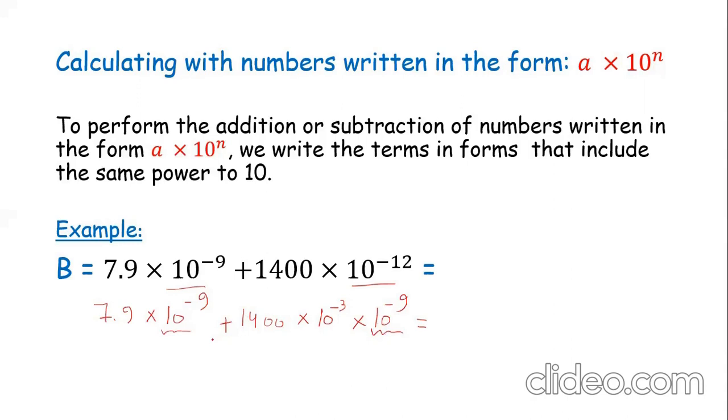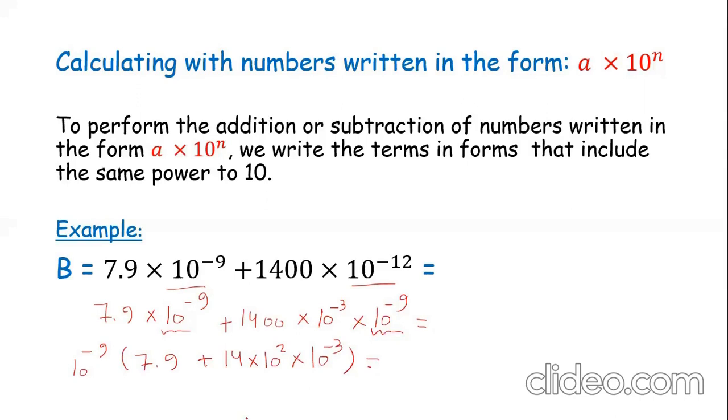So we can take it outside. So we can write 10 to the power of minus 9 multiplied by 7.9 plus 1400, or we can write it as 14 multiplied by 10 to the power of 2 multiplied by 10 to the power of minus 3.